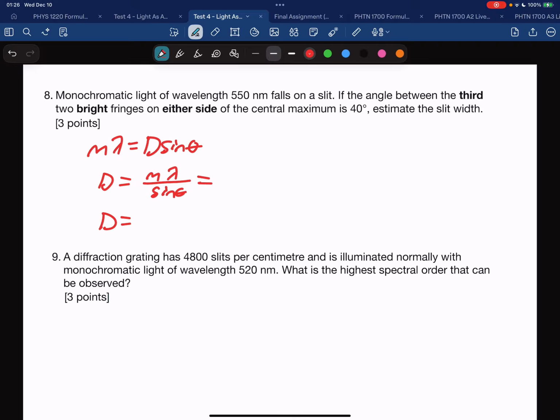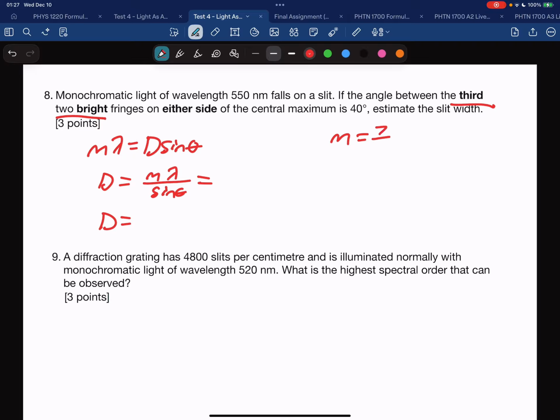So what are these values going to be? Let's look at that first. We know that this is the third bright fringe. We're looking at the third two bright fringes. So bright means we are going to be looking at the values over 2, and third means we're going to be looking at the third one in the series of possible m values.